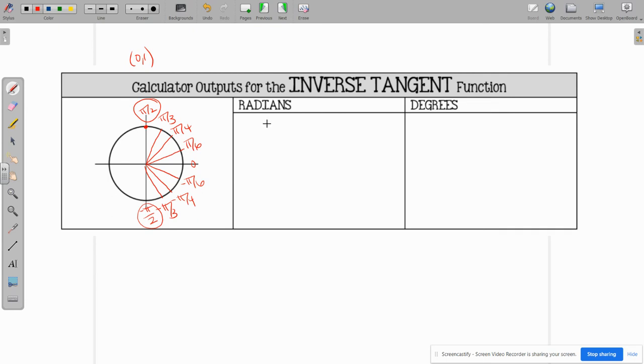So instead of us having brackets around negative pi over 2 to pi over 2, we're going to use parentheses. And same thing in degrees, we're going to go from negative 90 degrees to positive 90 degrees with parentheses. So if I asked you the inverse tangent of, let's say, the square root of 3, well, we're only going to get an answer between negative pi over 2 and pi over 2, or negative 90 degrees and 90 degrees.